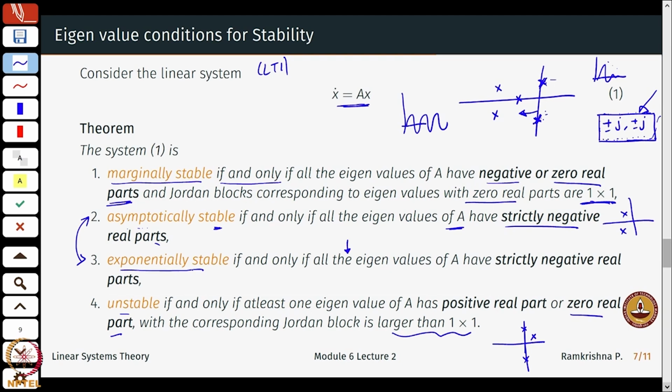That is the little proof of the equivalence for LTI systems.